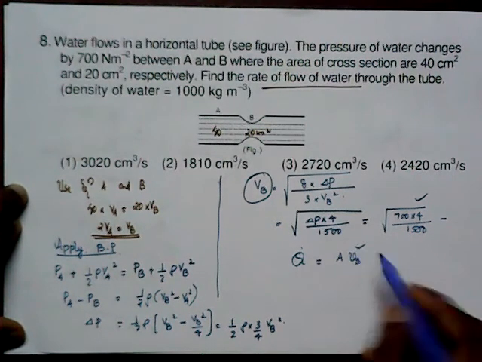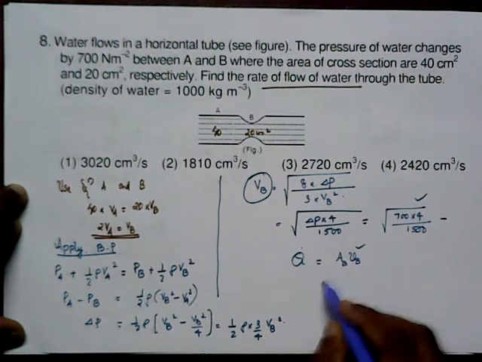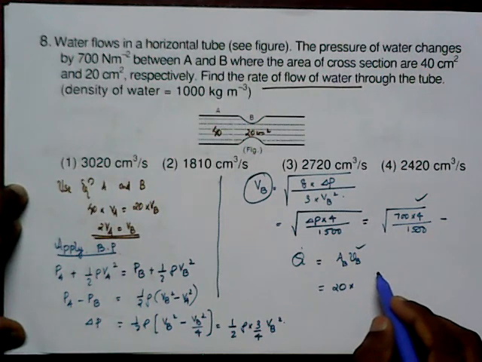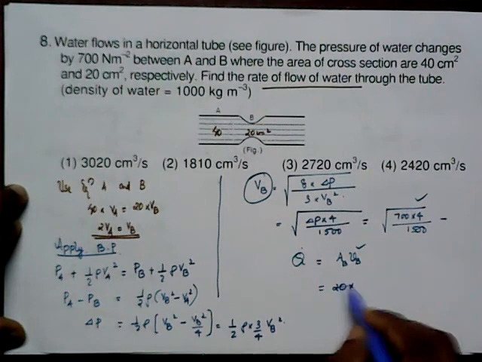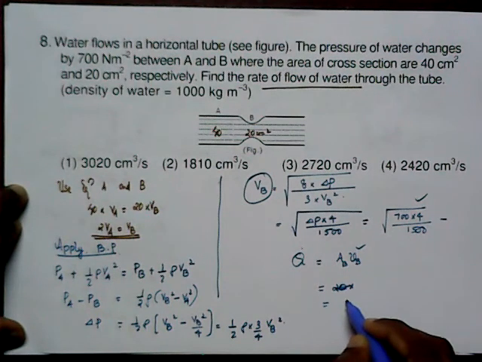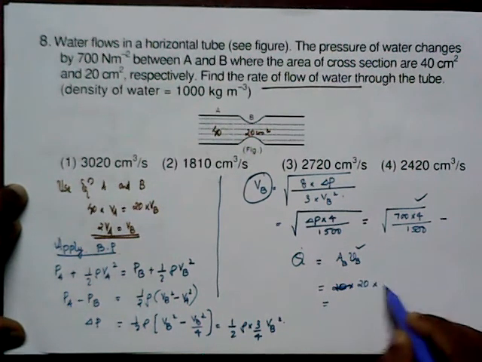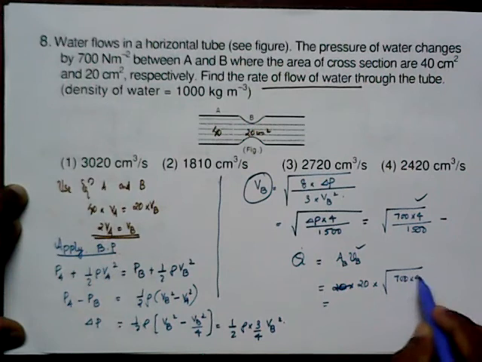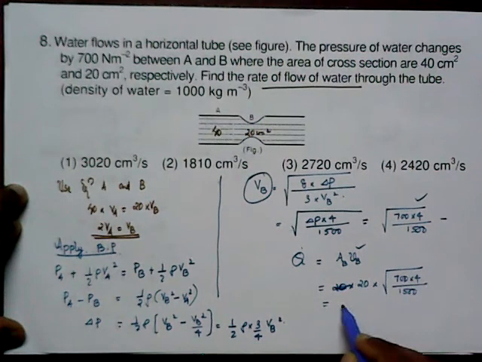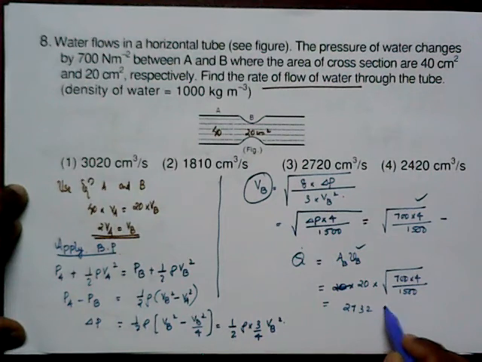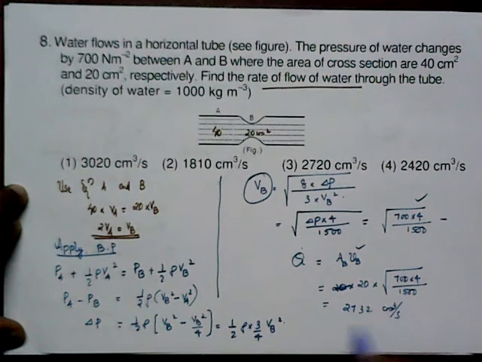So the area of cross section of B is 20, multiplied by VB, which is root of 700 into 4 divided by 1500, and you get the value as 2732 centimeter cube per second.